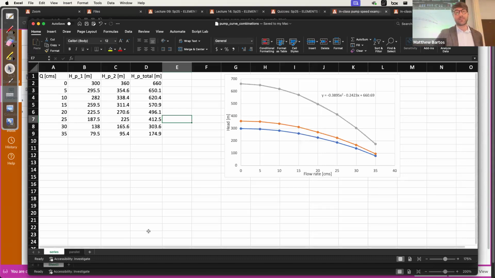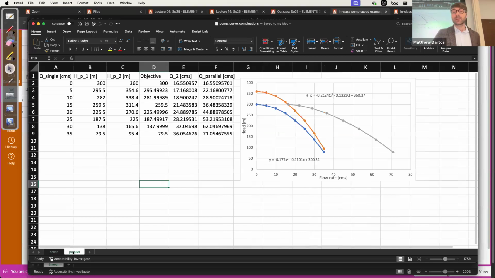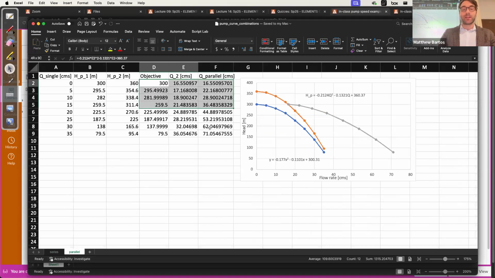Okay, and then towards the end of class, we started talking about pumps in parallel. And this one, I didn't quite have enough time to explain in detail. But when we have pumps in parallel, we can get the resulting pump curve by effectively adding together the two pumps in the horizontal direction.